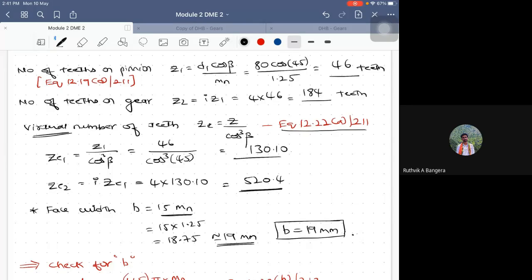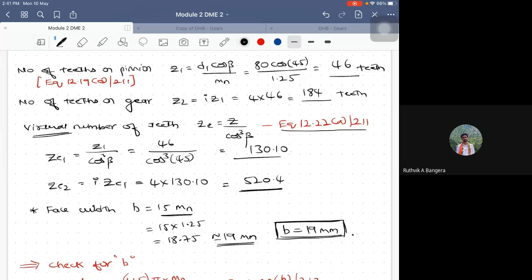So once you have calculated the face width, since face width plays a very important role in case of helical gears, what you have to do is check whether the face width which I have calculated, which is 19 mm, is safe or not.